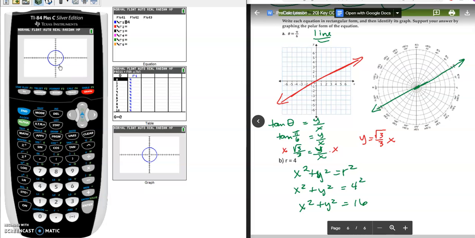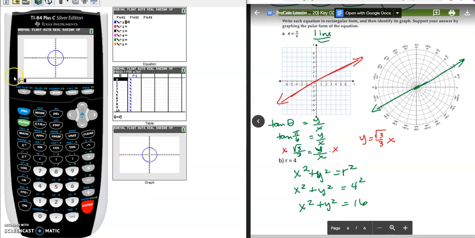I'm just going to leave this one on here for a minute. On the previous problem, it says theta equals pi over 6. Even though I cannot really graph this in polar form, I can figure out what my graph would look like based on a circle. You can put any circle you want in there. You just say r equals and give it a radius. It doesn't even matter. Then I'm going to go to calc, so second trace, and I'm going to pick a value.